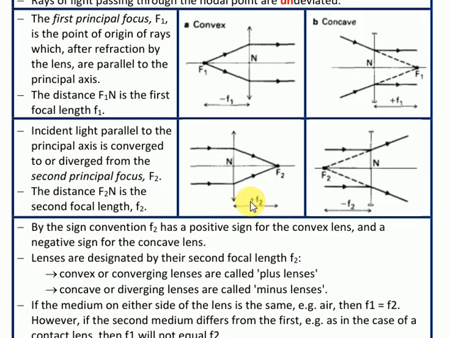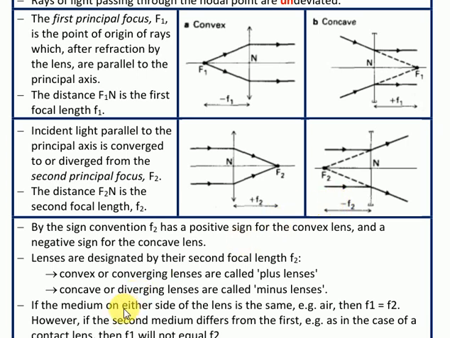So the f2 has a positive sign for convex lens, so convex lenses are called plus lenses or converging lenses, and f2 has a negative sign for concave lenses, so concave lenses are also known as minus lenses or diverging lenses.